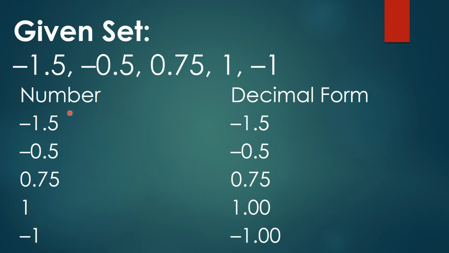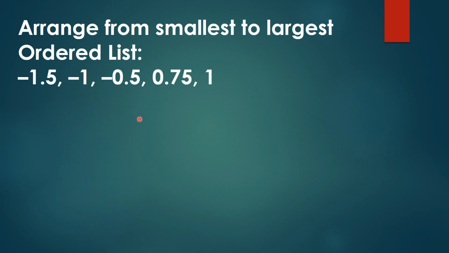If we have negative 1.5, of course in decimal form, this is also negative 1.5. The same with 0.5, negative 0.5, and 0.75. 1, this is 1.00. Negative 1, this is also negative 1.00.